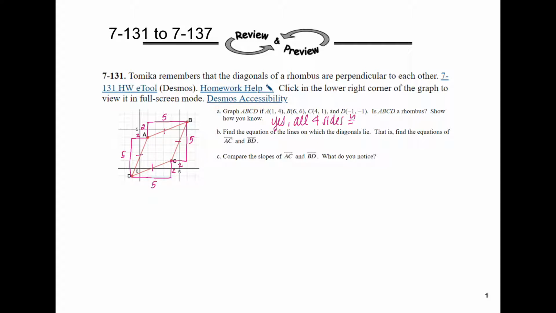So if I first look at line AC and I connect these 2 points, to write the equation of line AC, I can tell that my y-intercept is 5, so I get y is equal to something x plus 5, and I can tell that I am going down 1, right 1, to get from one point to the next, so my slope is negative 1 over 1.